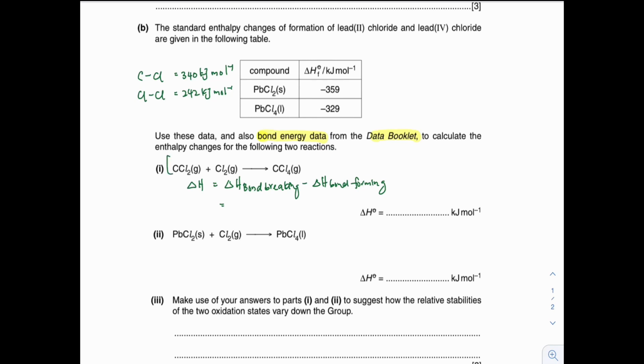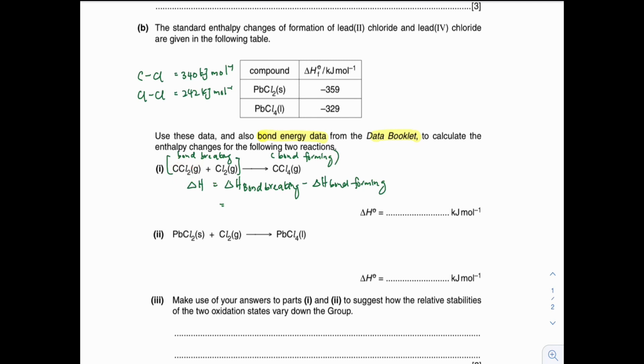For bond breaking, we will focus on the reactant side. This part is bond breaking, and for the product side, bond forming. So we take a look at how many C-Cl bonds are being broken.